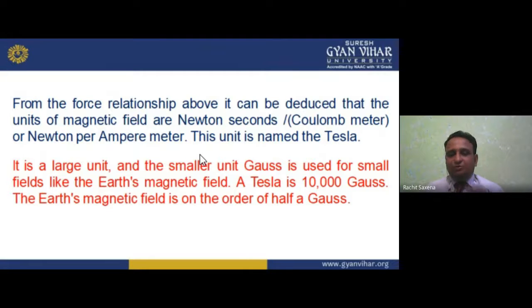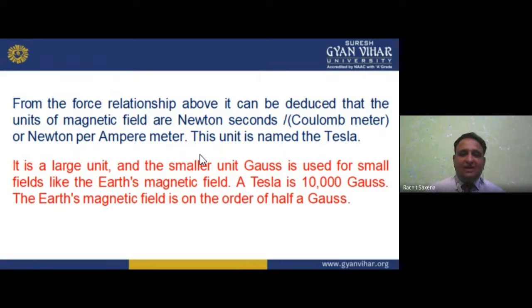So for a small field like the Earth's magnetic field, we use Gauss. One Tesla is 10,000 Gauss.